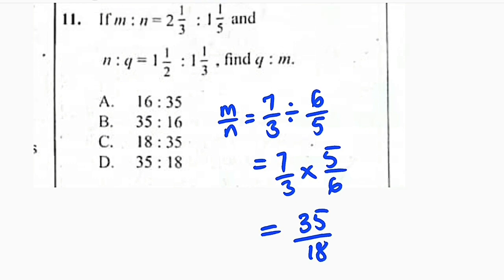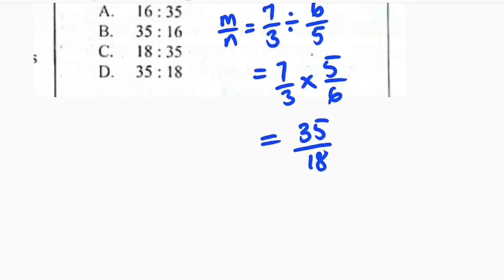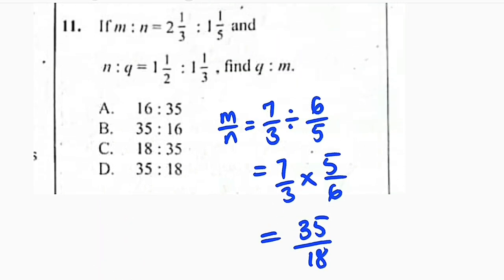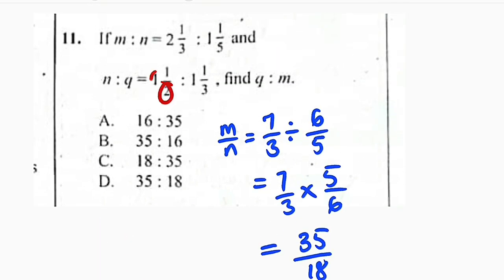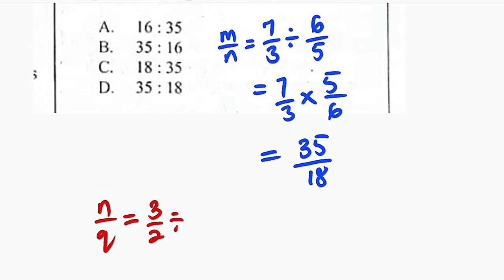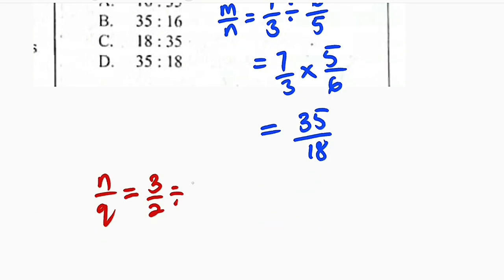Then secondly, we're going to take n to q. So n divided by q will be equal to 2 times 1 is 2 plus 1 is 3, so we have 3 divided by 2, divided by the other number, which is q. 3 times 1 is 3 plus 1 is 4, so we have 4 over 3.